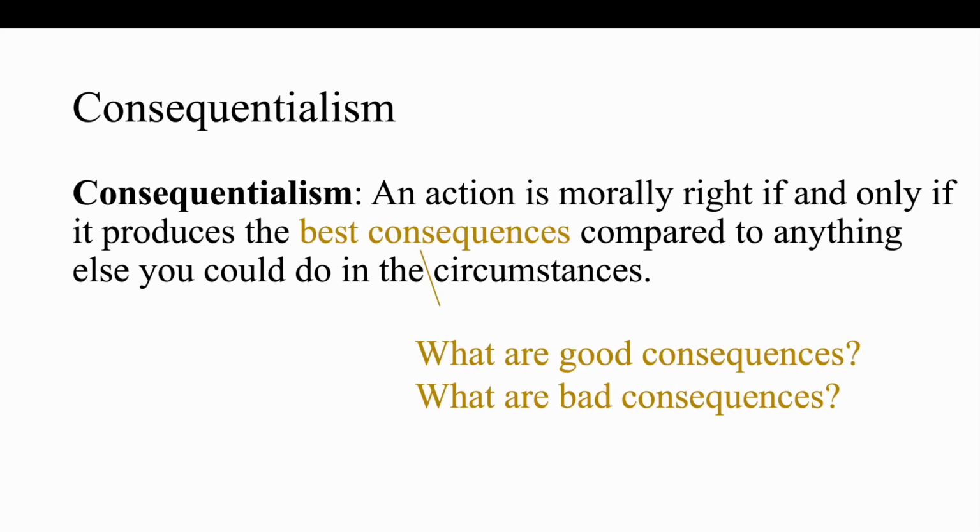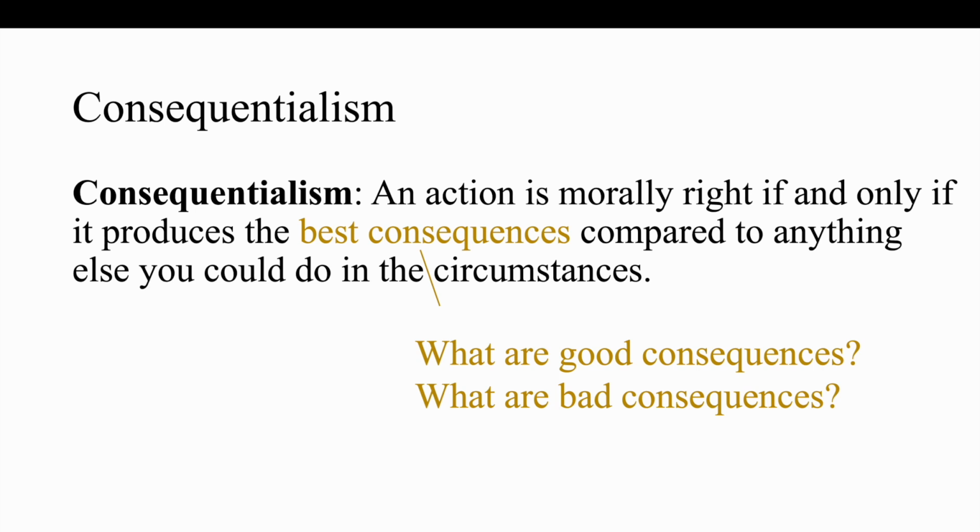One thing to note, though, immediately is that consequentialism is more like a framework, or a family or a schema that can be filled in by different details. And that's because consequentialism alone doesn't tell us what good consequences are and what bad consequences are. It just assumes we already understand that.